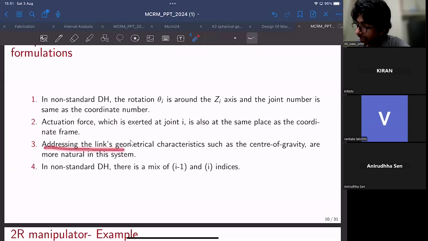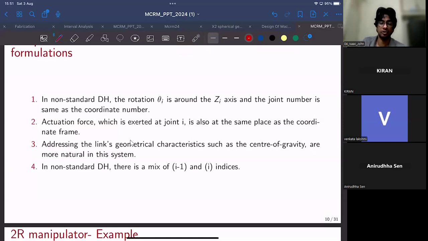Another thing is that addressing the link's geometric characteristics, such as center of gravity and link lengths, all these attributes associated with the link are much easier to represent in the non-standard DH representation.